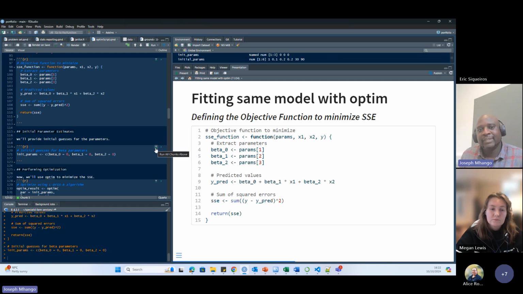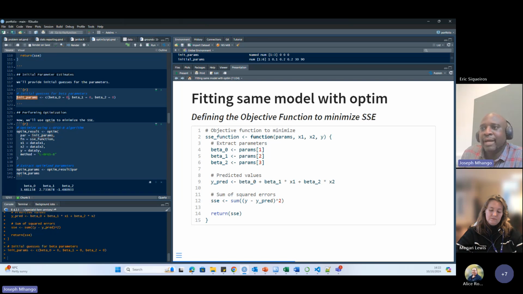So I'm telling optim, start with this, set everything to 0, find its sum of squares error, and if you're not satisfied, start changing them, start tweaking them until you find the right one. So when I say initial params, I'm just saying this is where you should start. And you can put any number here. You can put 1000, you can put any odd number you want here, and optim will start traversing those hills and valleys until it finds the right one.